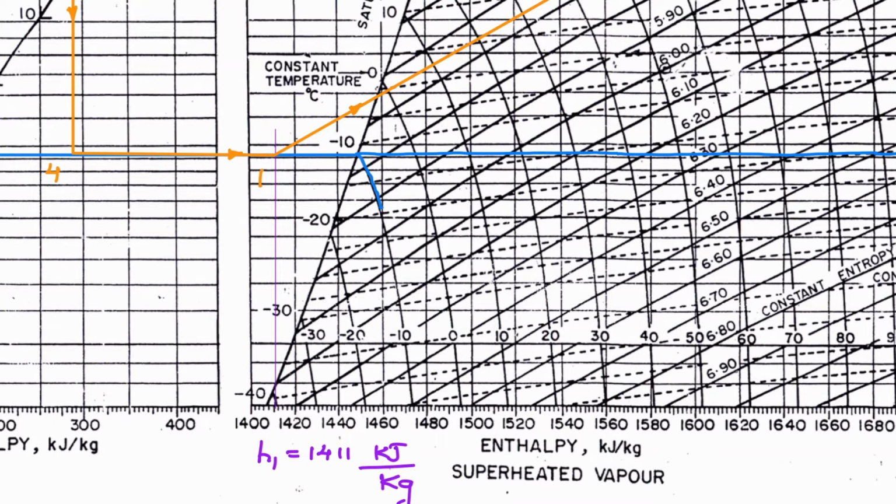So we will mark, this is 1400, this is 1420, so this will be 1410. So slightly ahead of that we will mark 1411 and draw a vertical from that point. Wherever it cuts the horizontal evaporator pressure, there we will get point number 1.